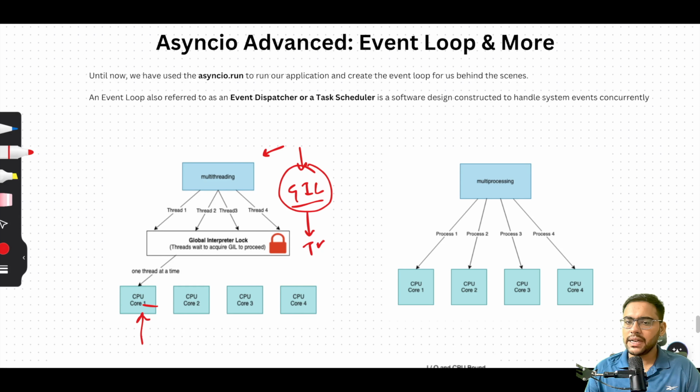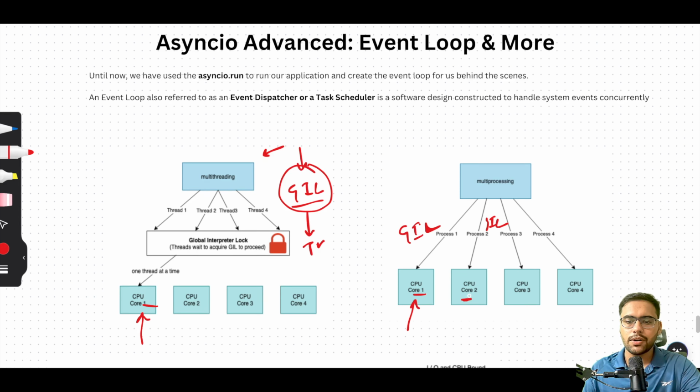Then we switched over to multiprocessing, where each process has its own GIL. This has its own GIL, this has its own GIL, but they can run simultaneously, utilizing the multiprocessing module and the multiple cores of the CPU itself.